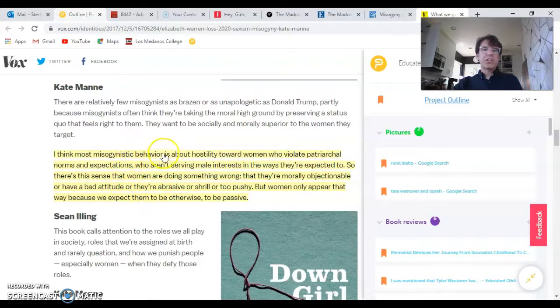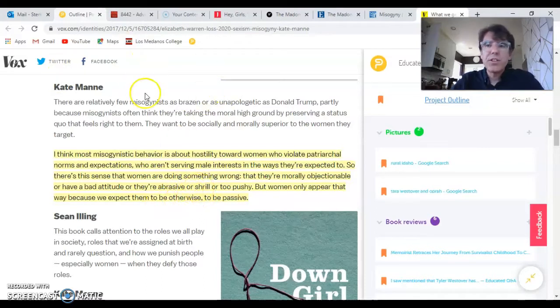I think most misogynistic behavior is about hostility toward women who violate patriarchal norms and expectations, who aren't serving male interests in the ways they're expected to. There's this sense that women are doing something wrong, that they're morally objectionable or have a bad attitude, or that they're abrasive or shrill or too pushy. But women only appear that way because we expect them to be otherwise, to be passive. So again, this is Kate Manne's interpretation of what misogyny is.